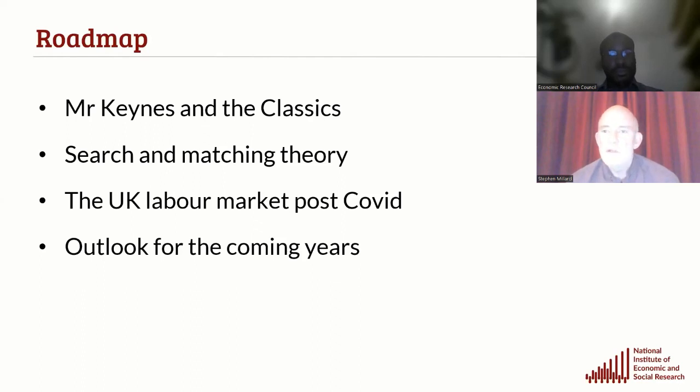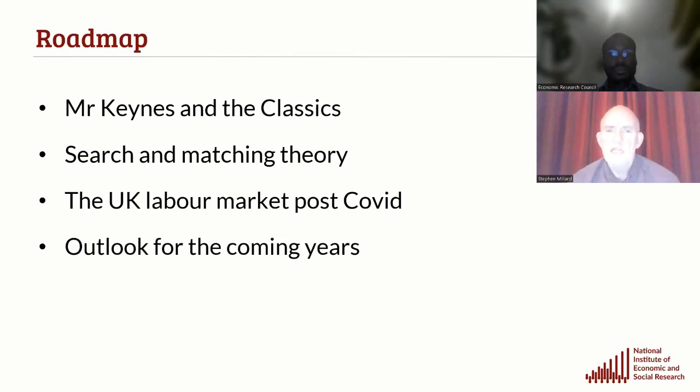I'll then move you forward about 40 years to the development of search and matching theory. This is where I come in, because I was doing my PhD at Northwestern in the early 1990s, when we were developing the search and matching theory that I will show later in the talk.